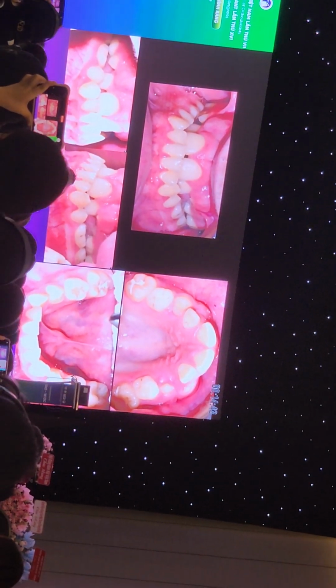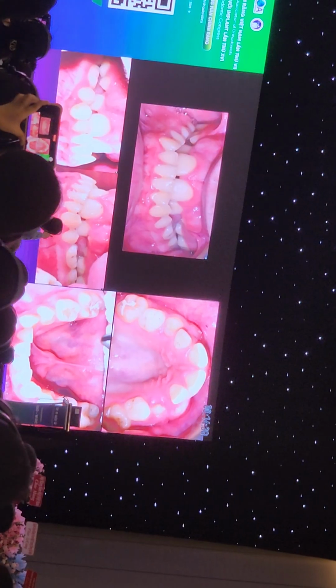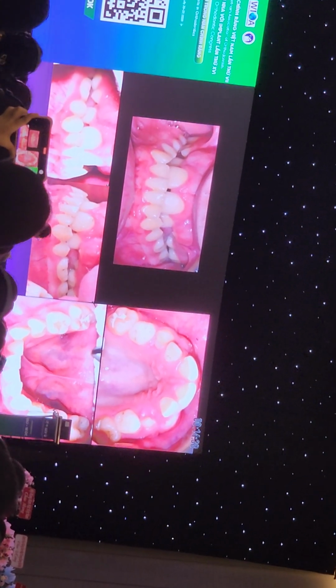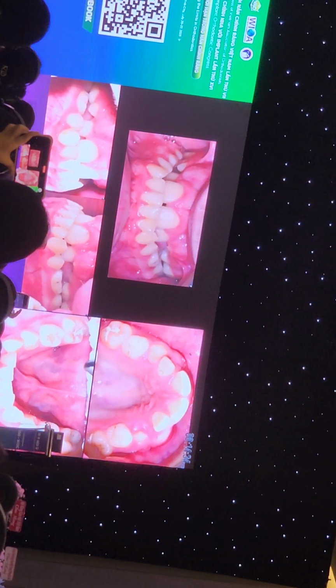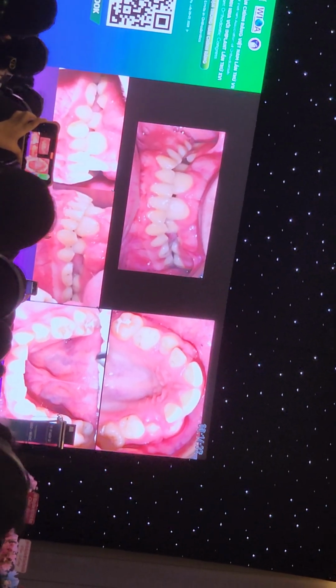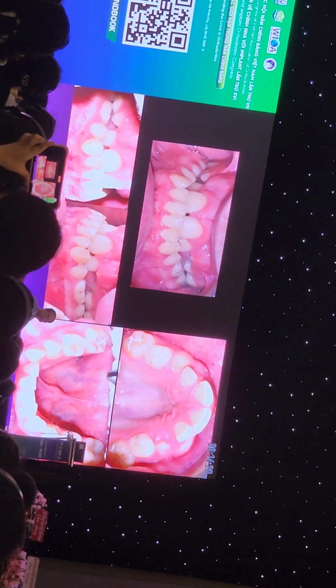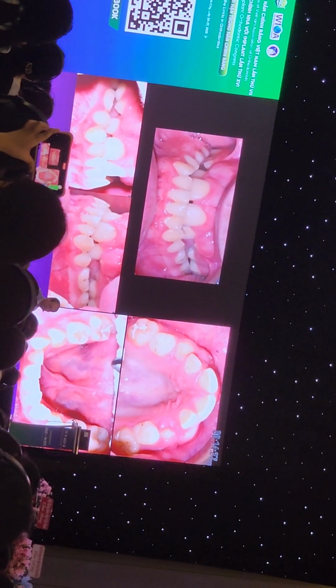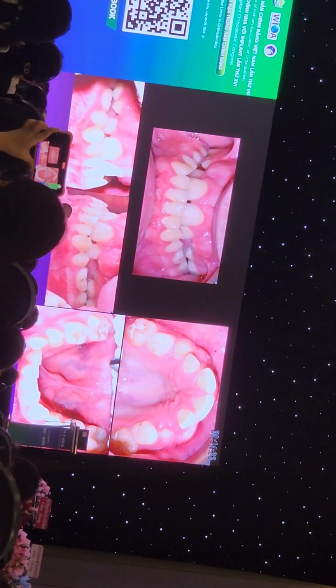But this is how his bite is like. Now, if you take a look at the upper arch, there is no space for the canine, correct? Look, you got the first bicuspid right next to the lateral incisor, all right? So you have severe crowding in the upper arch, and you got the anterior crossbite.